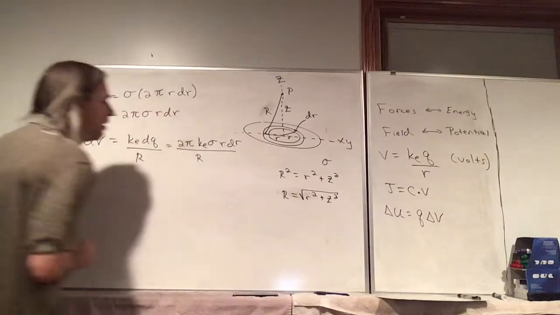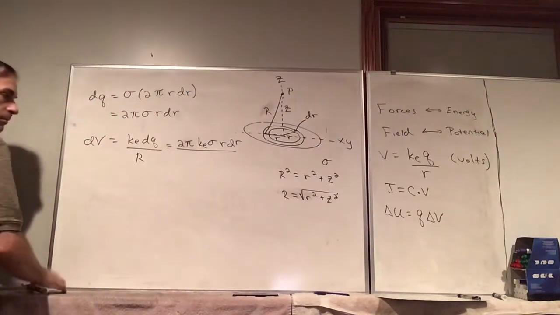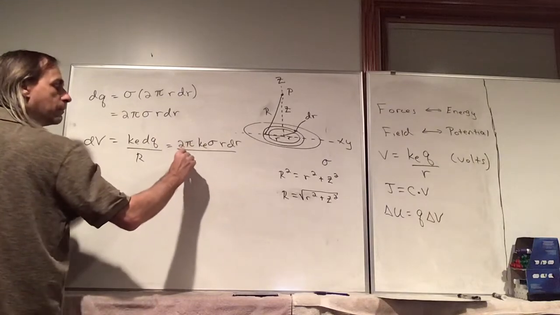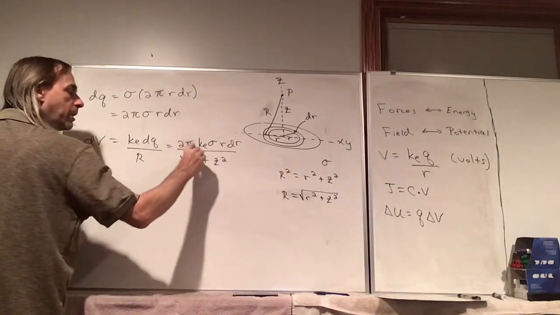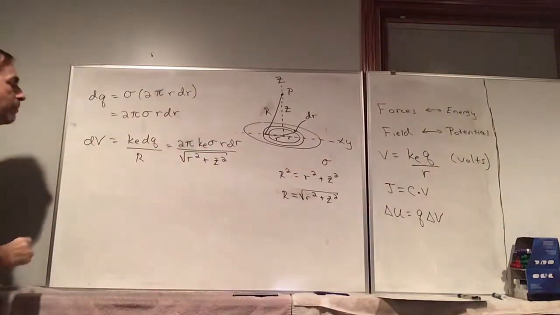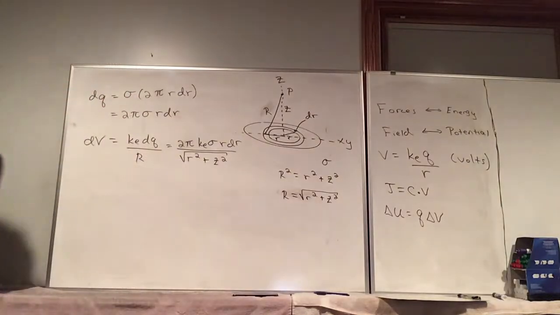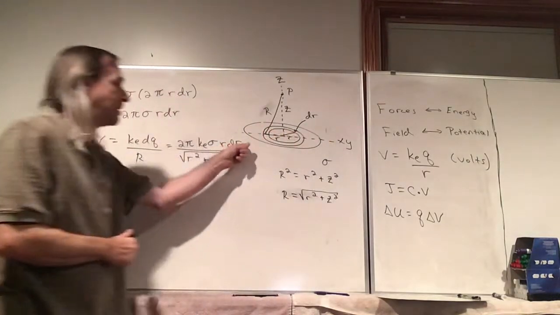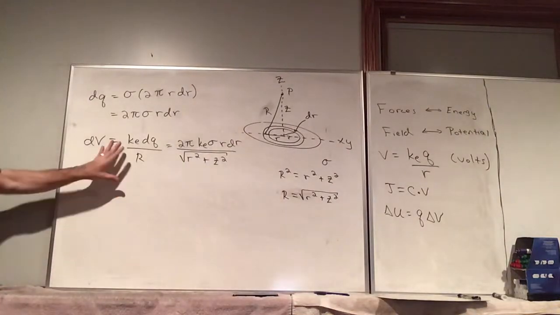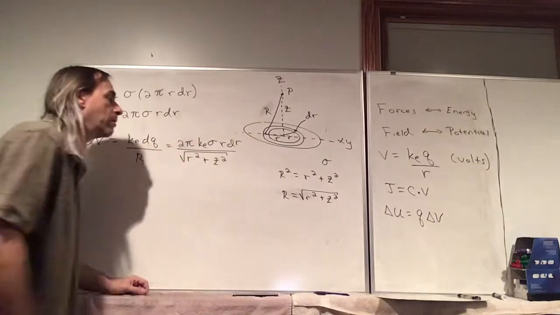And so let's replace that. This is the potential due to this ring, and to get the potential of the entire disk, we're just going to integrate over this radius r. And so we want to get all our variables in terms of this integration variable.